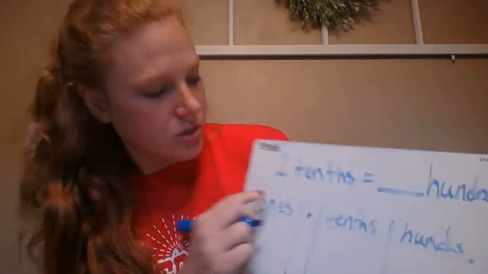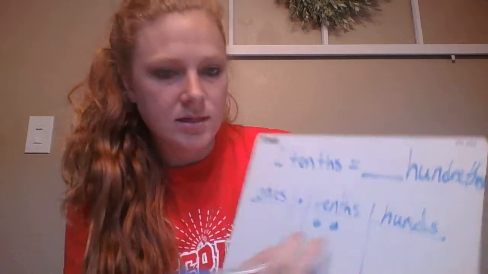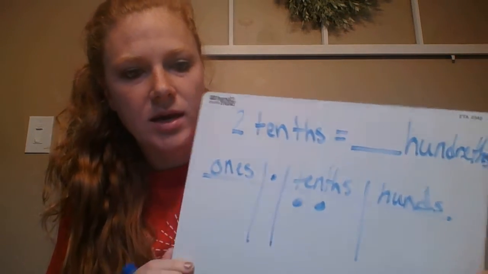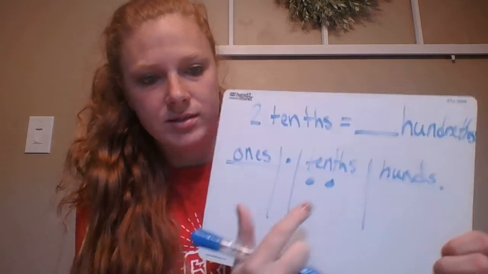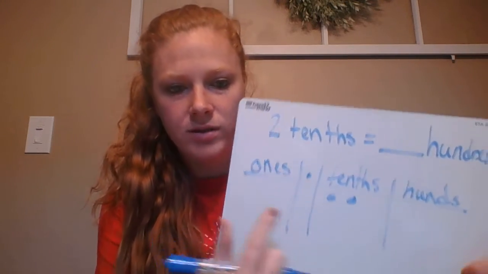Kind of ran out of room, so you're going to draw your place value chart. I'm just going to put hunds so I have room. Okay, so 2 tenths. I have to put 2 dots in the tenths place, and I want to know how many hundredths I would have. It's the same thing from when we moved from ones to tenths.